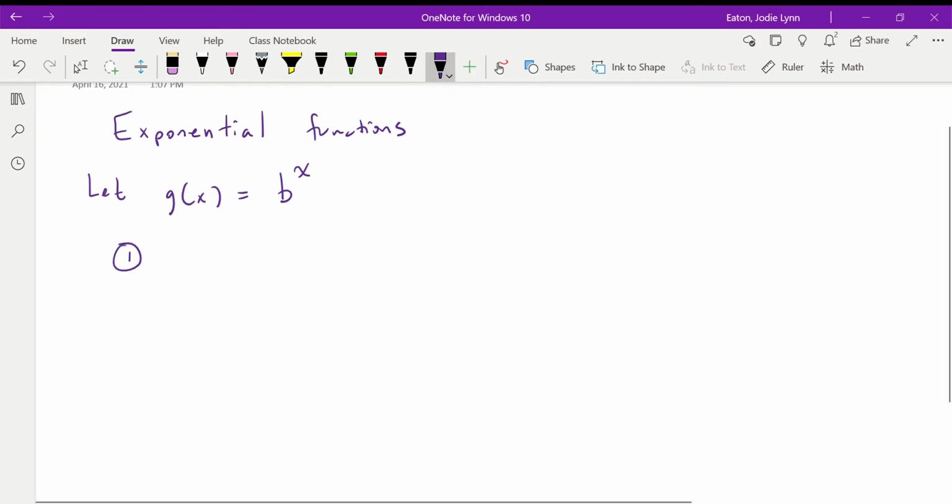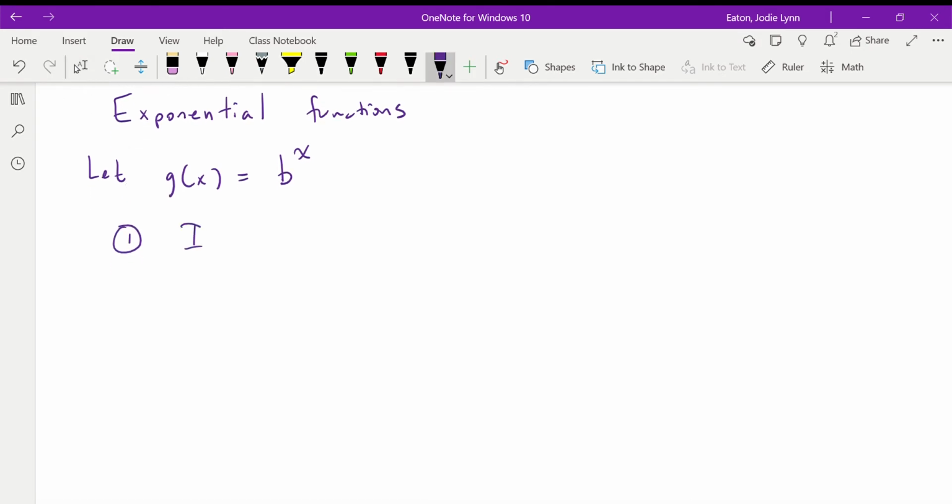Option one, if b is between 0 and 1, then f prime of x is always negative.